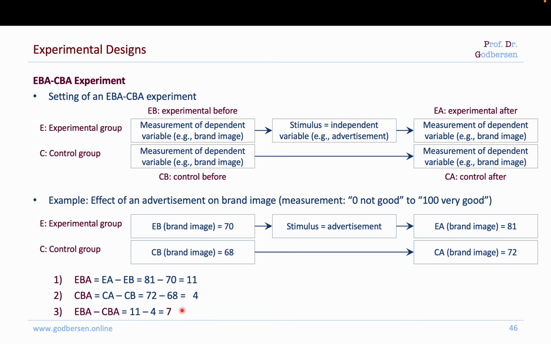That is the principle. Of course, I need to mention that you also need inferential statistics here, which I will introduce in the last section of this crash course. But just the numbers here, I think, can give you an idea how an EBA-CBA experiment works.